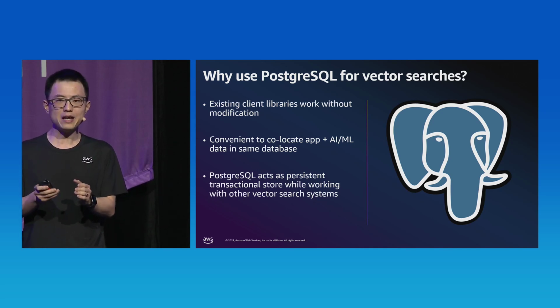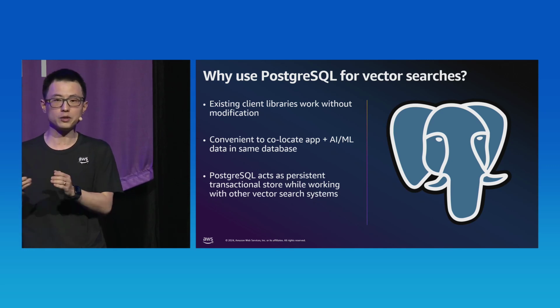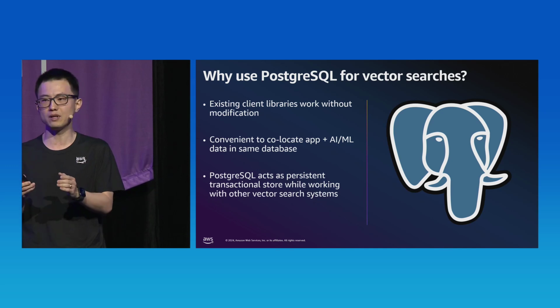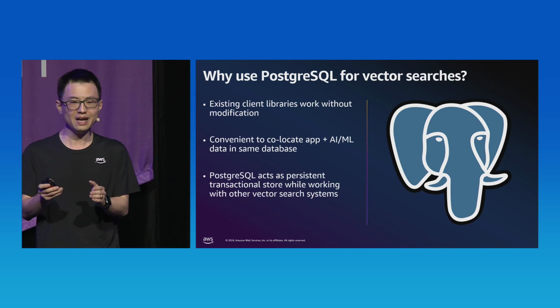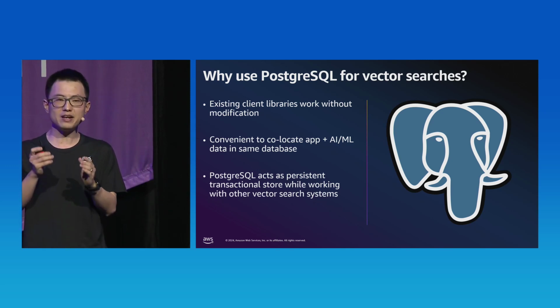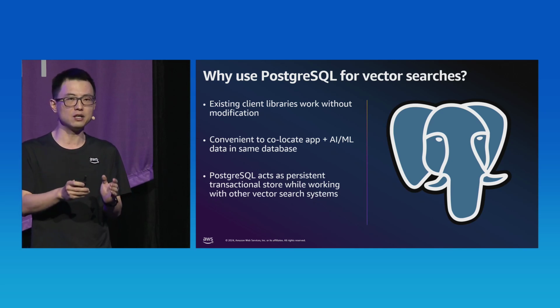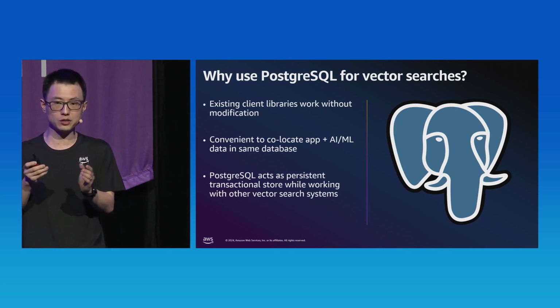And then you don't need to use another client library to query your data. You can use the same client library to query your data. And also, using PostgreSQL, it's very easy to integrate with other vector search systems, like OpenSearch. So that's why we choose PostgreSQL here.